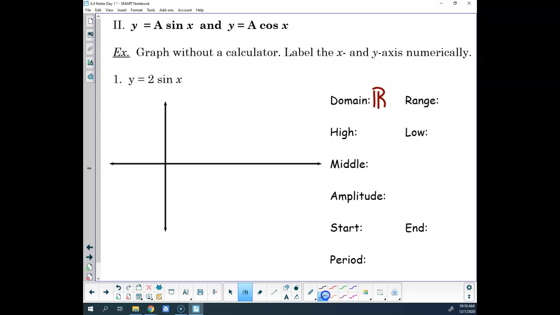Automatically, all real numbers. This particular sine function has an A value of positive 2. That tells me that my amplitude is going to be 2.